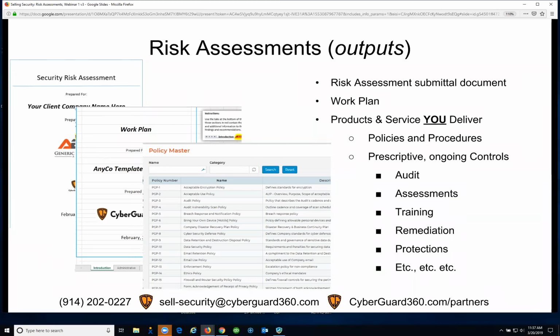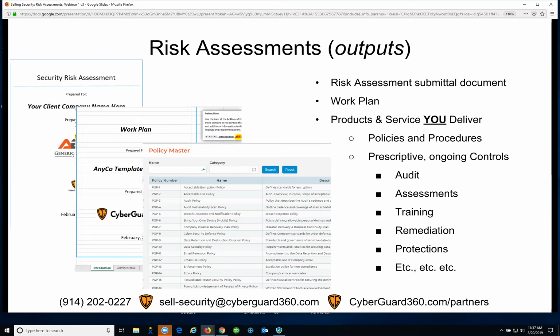That spreadsheet says, okay, this is where you have deficiencies or gaps in your security posture. It also provides prescriptive recommendations. And that's the money shot for you, because what you're providing them is: this is your gap, this is how we can help you.